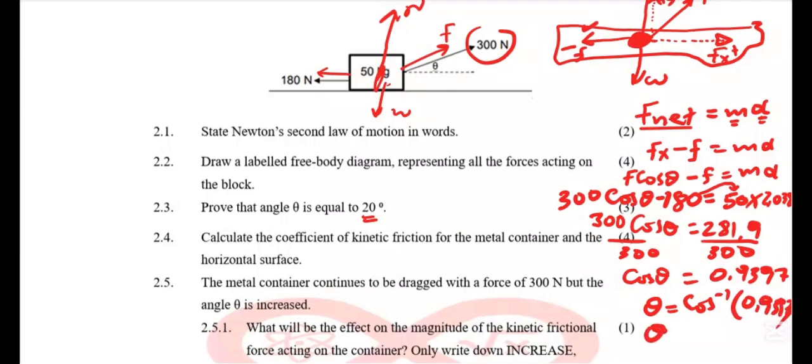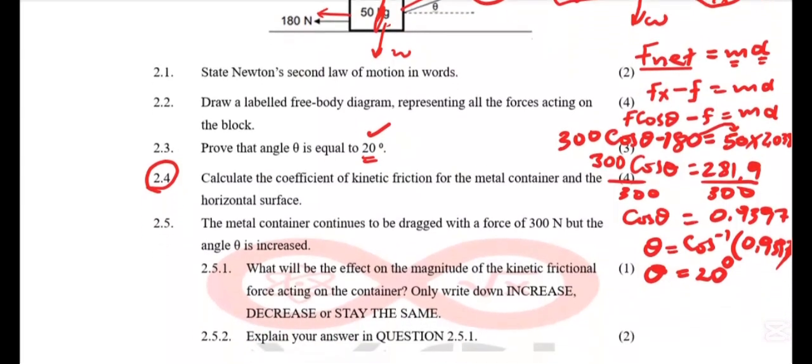Then to get theta, you press the calculator, shift cos, then enter the value, which gives 20.00, that is 20 degrees. So we have found theta, we found theta to be 20 degrees. Then let's go to 2.4.